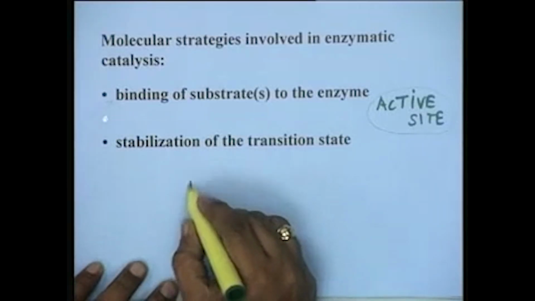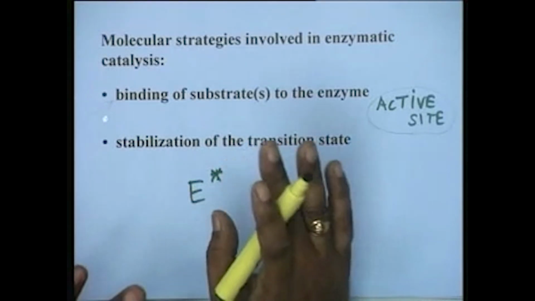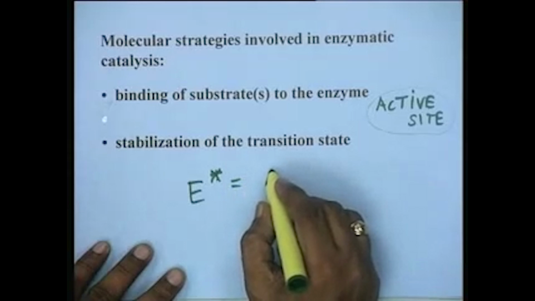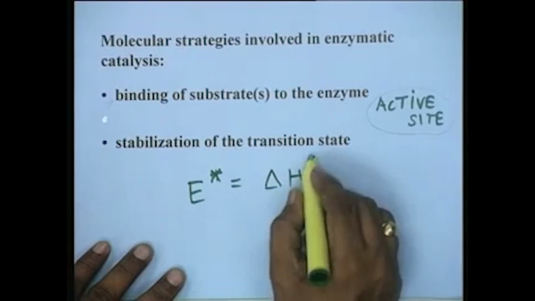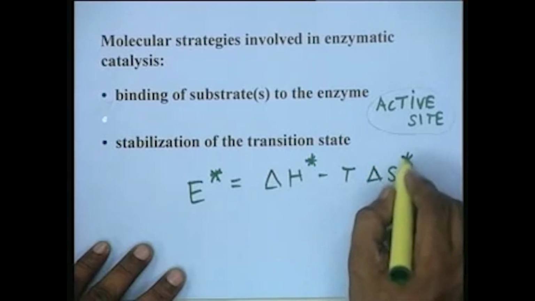Just to recall our earlier discussion on the previous day, we mentioned that the energy of activation, E star, can be broken down into two components, the entropic contribution as well as the enthalpic contribution.